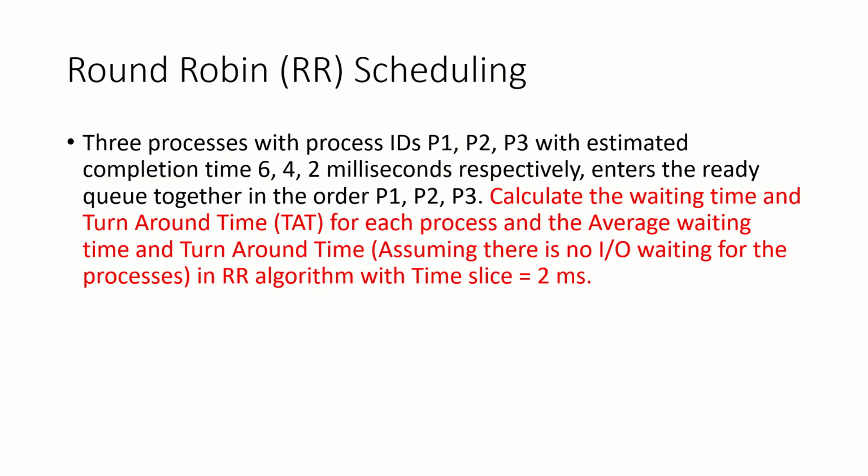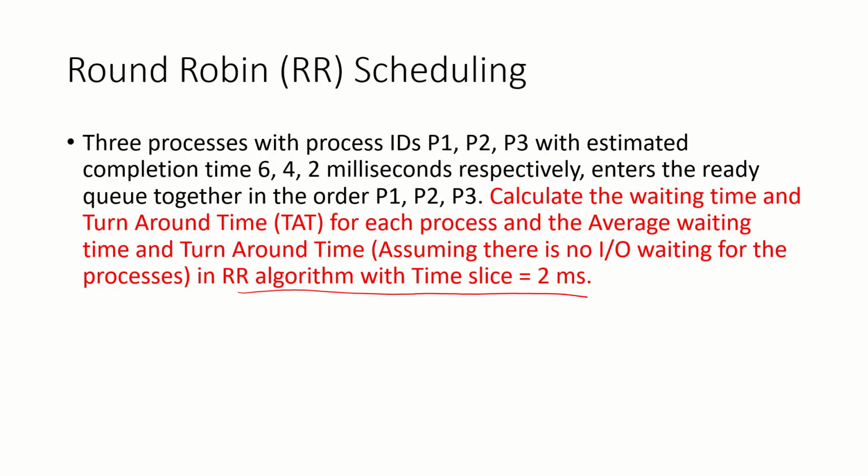Next, what we have to do? We have to calculate waiting time and the turnaround time. But there is one more thing they have given. What is that? In the last statement, if you see, it is the RR algorithm with time slice 2 milliseconds.